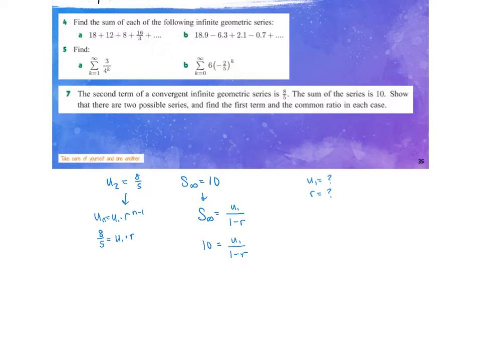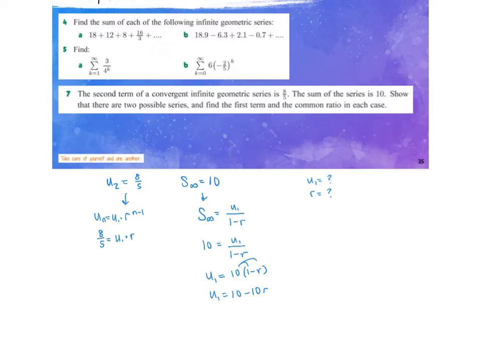So now we have a system of equations. To solve this, I'm going to solve the second equation for u1 by multiplying 1 minus r to both sides. And I'm just going to go ahead and distribute the 10. So I have 10 minus 10r.